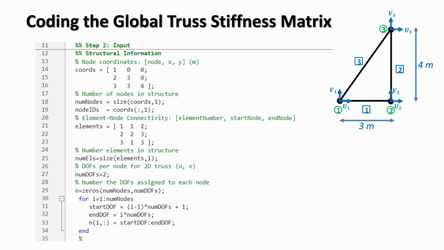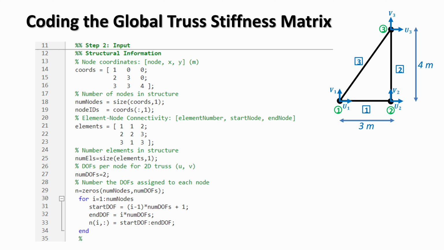For a 2-dimensional truss, each node can move only in horizontal and vertical directions, so there are 2 degrees of freedom per node in the global system. We store this as num_dofs, the number of degrees of freedom, equals 2. And finally, we need a way to number all the global degrees of freedom consistently. To do this, we create a simple loop. For each node, the loop assigns 2 degrees of freedom. The first is the horizontal displacement u, and the second is the vertical displacement v.